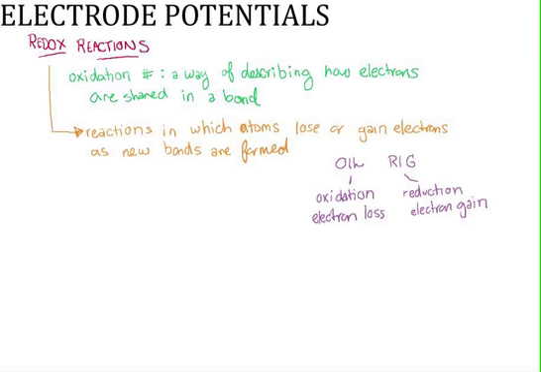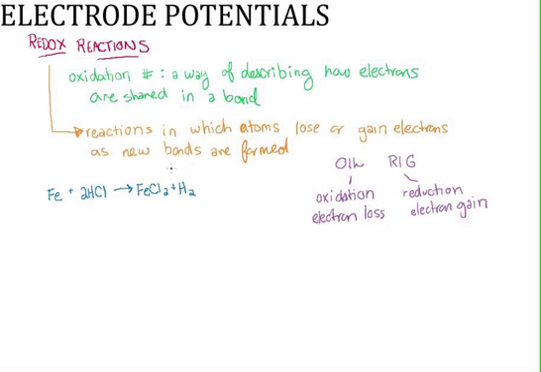So let's put this all in context. I know this is all very hand wavy at the moment. Let's say I've got some solid iron, and I've got some hydrochloric acid, some hydrogen chloride. If I react those two things together, I might end up with iron chloride and some hydrogen gas, right?